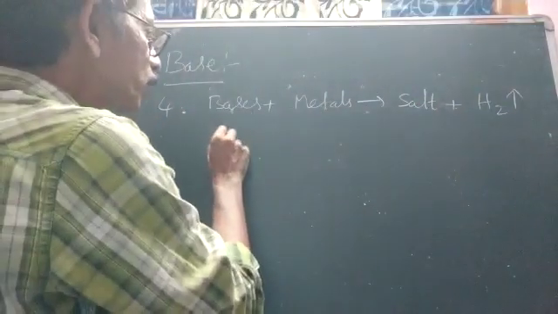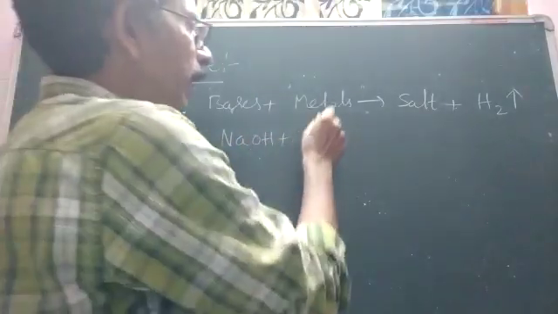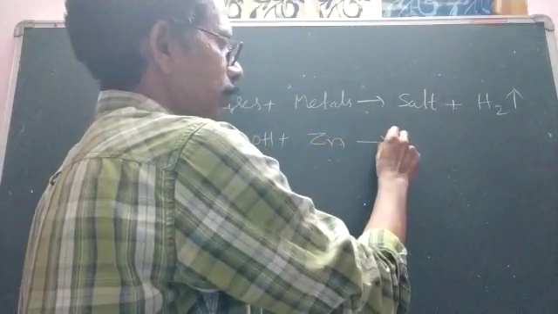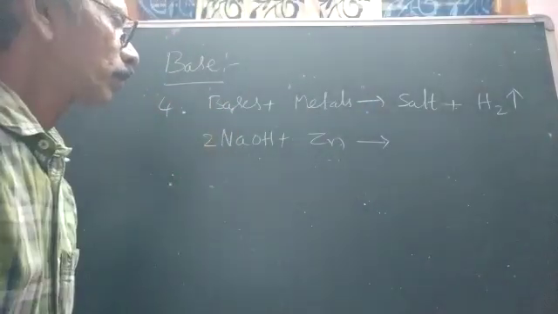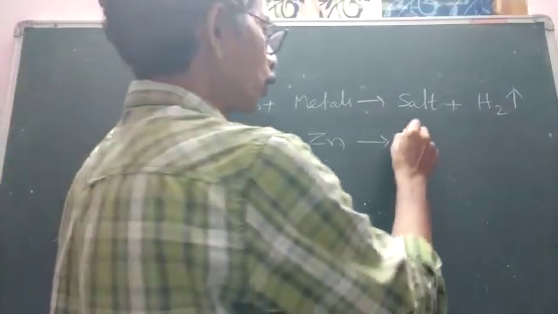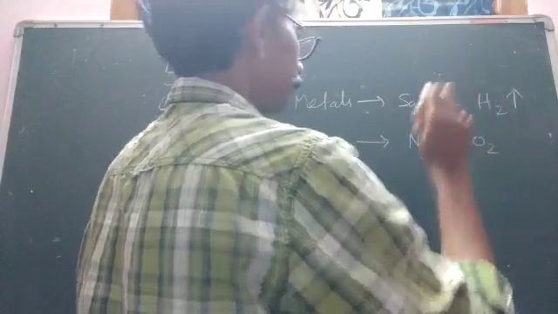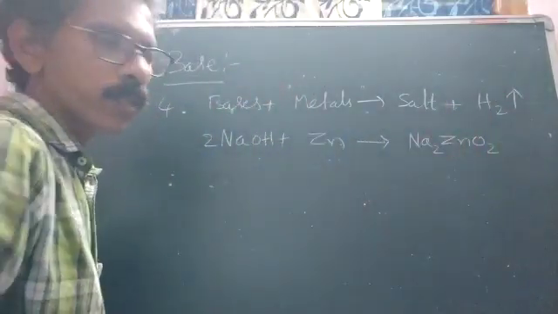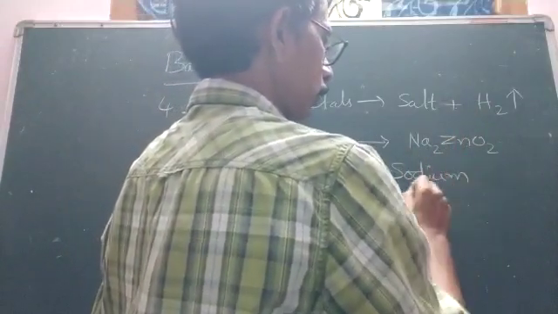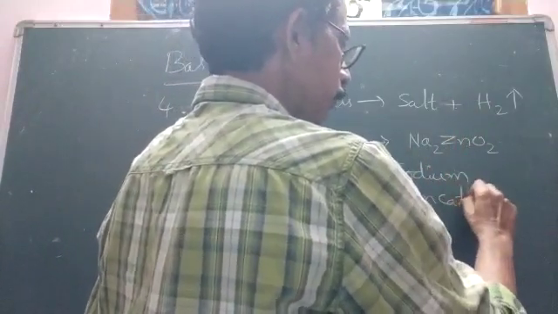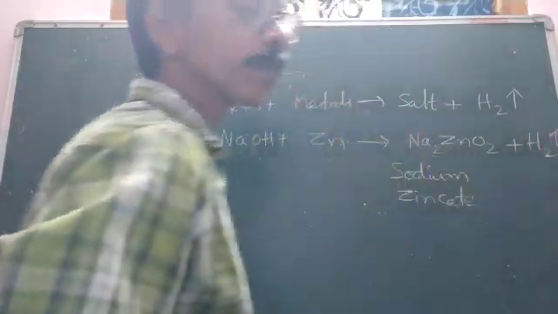For example, a base like sodium hydroxide with a metal like zinc forms sodium zincate, the name of the compound, with the liberation of hydrogen gas.